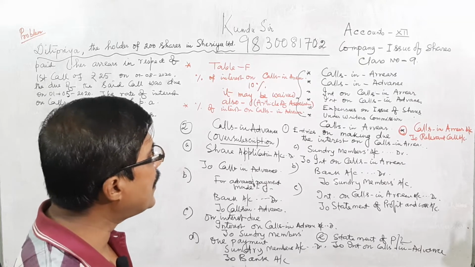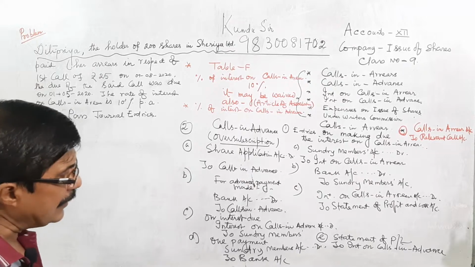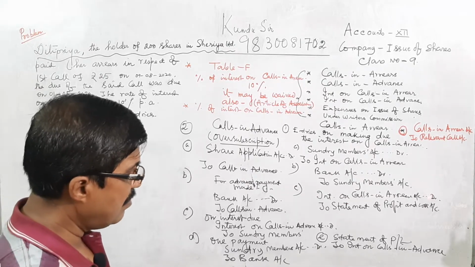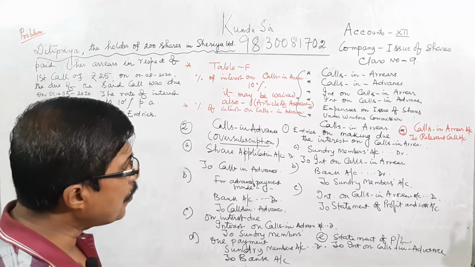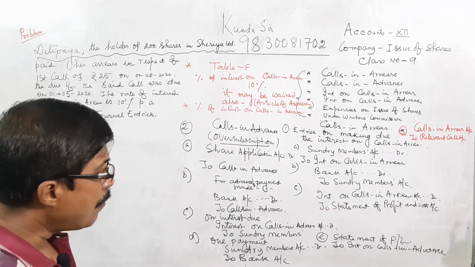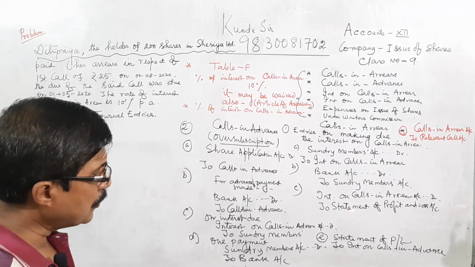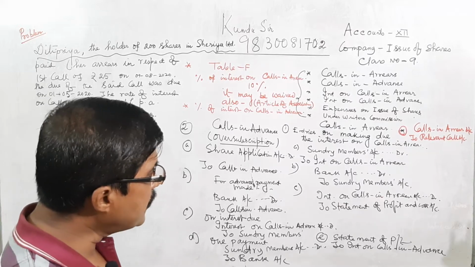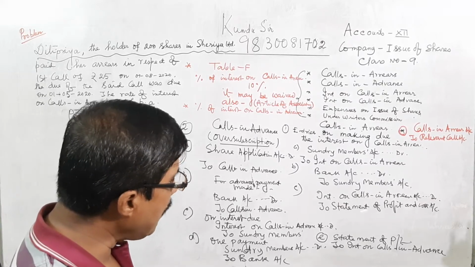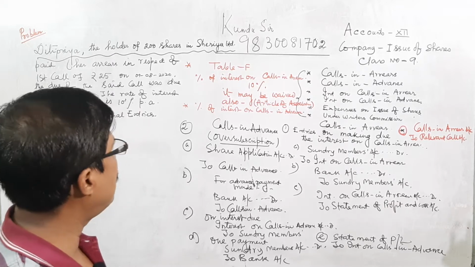That means the company is receiving the money. Thereafter, interest on calls in arrear is income for the company, and the earning is to be transferred to the P&L account, that is, interest on calls in arrear account debit to statement of profit and loss account.